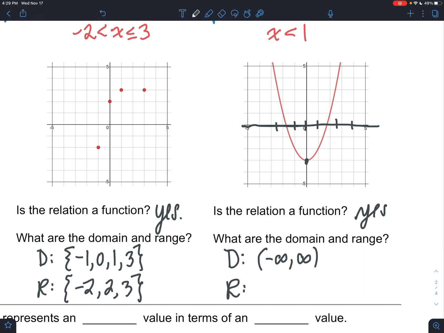Now, the range. The range is the set of y values that can be reached by the function. So we're no longer thinking horizontal, we're thinking vertical. Can all the points in that gray be hit?